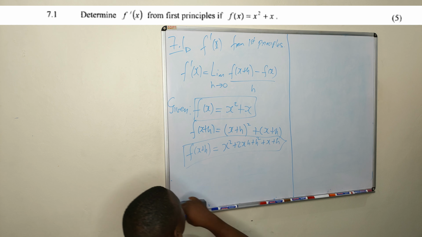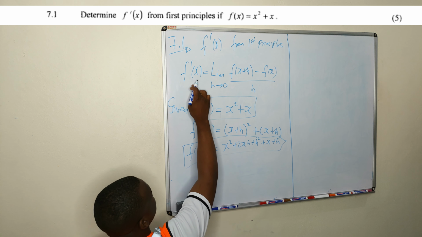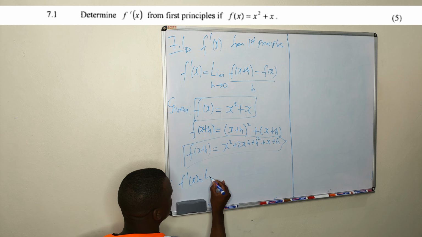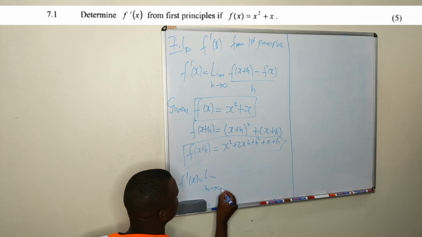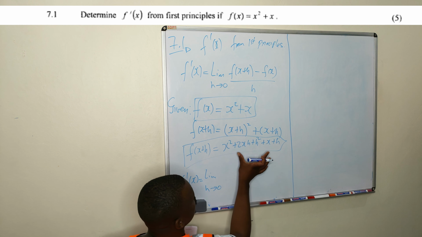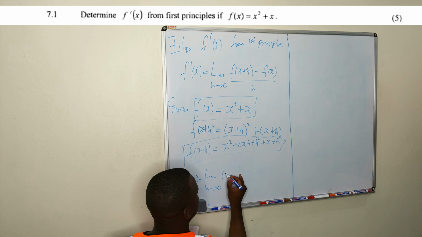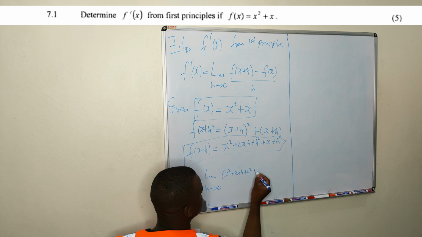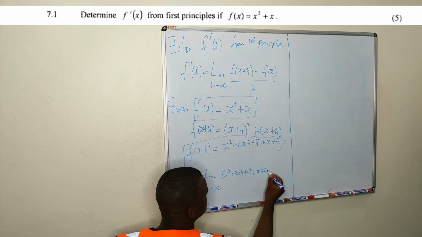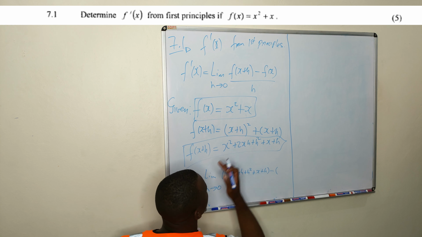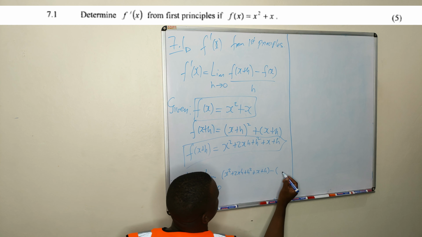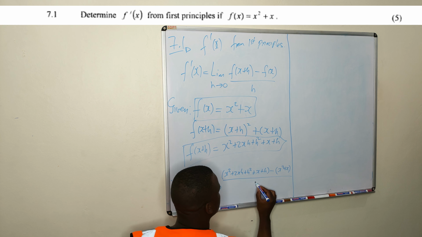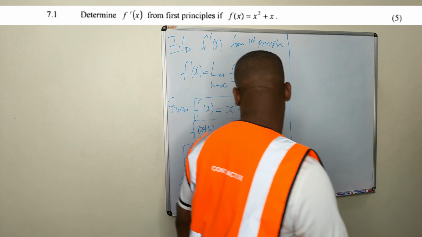So, from the definition, we have f prime at x is equal to the limit as h goes to 0 of f of x plus h, which is x squared plus 2xh plus h squared plus x plus h, minus f of x, which is x squared plus x, all divided by h. This is what you have.